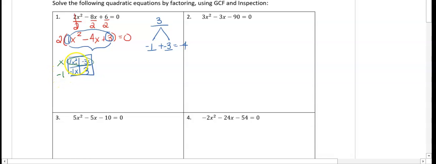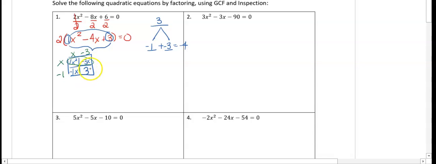Now from this column, I have 1x squared and negative 1x. They share an x. Notice here, I didn't pull out the negative, just like I didn't pull out a negative here in this one. Right here, I've got negative 3x and 3. They share a negative 3. I'm pulling out the negative there because it's touching this side that I'm pulling from.